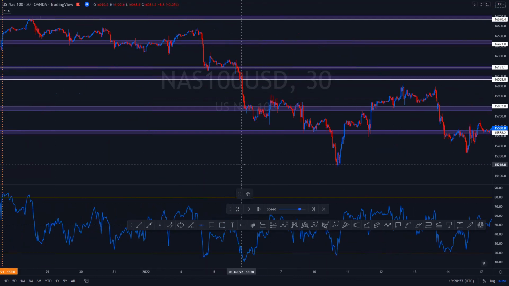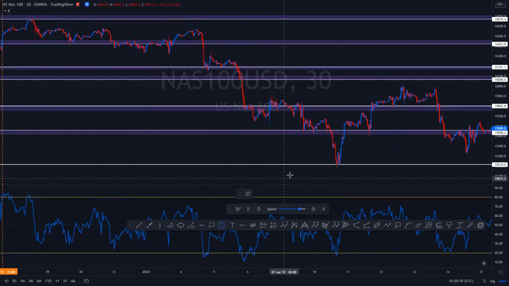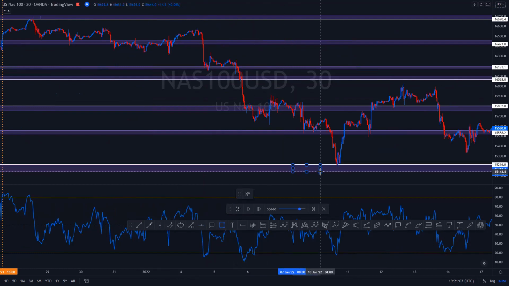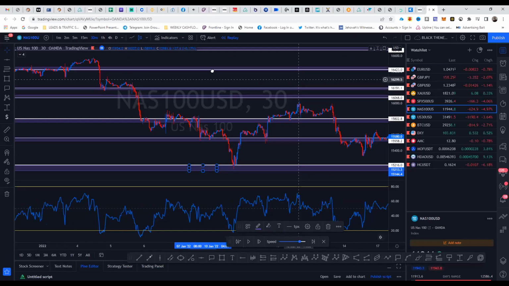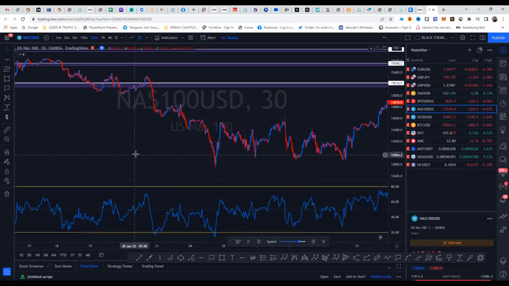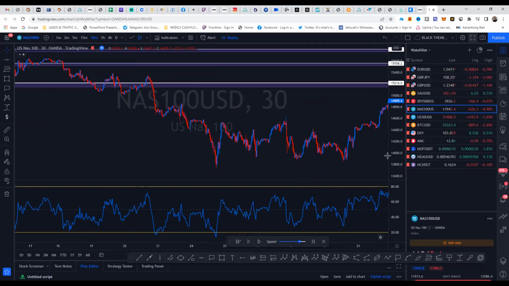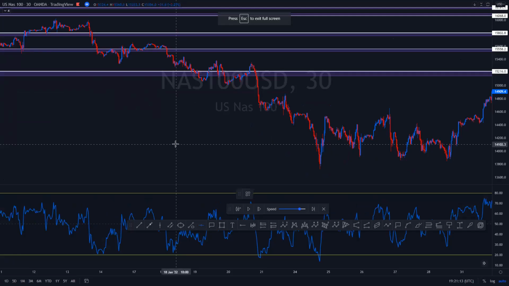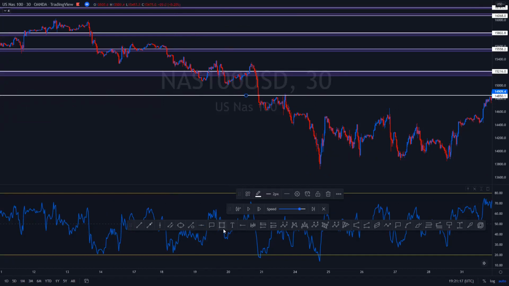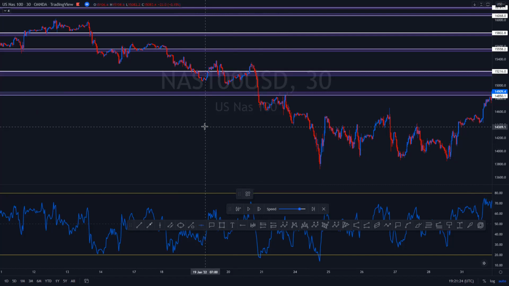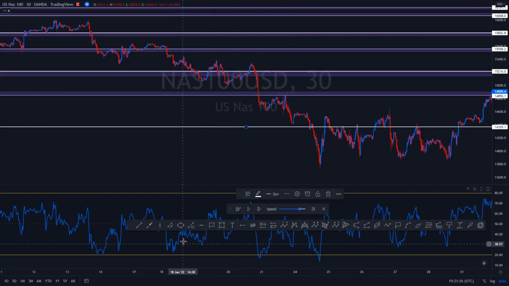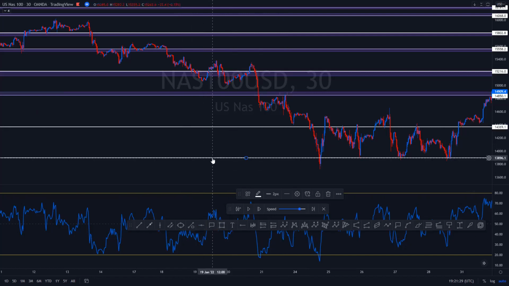Another horizontal line here. So as you can see, I marked all of that up. Get these down here as well. Do that here. Do that down here.